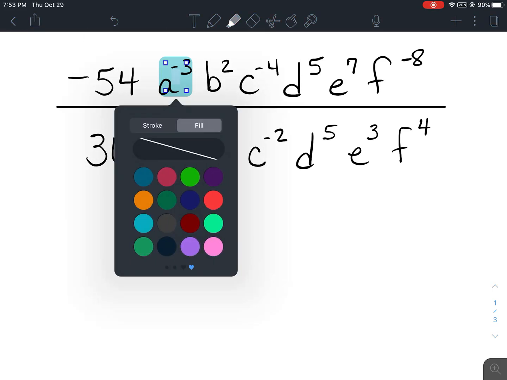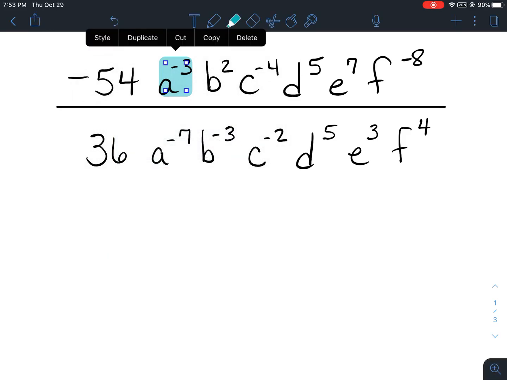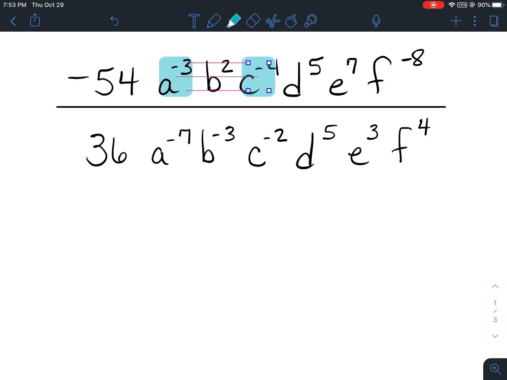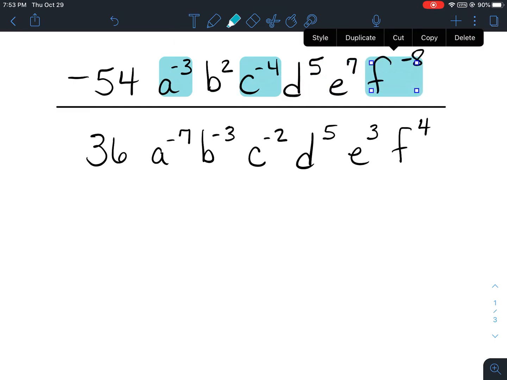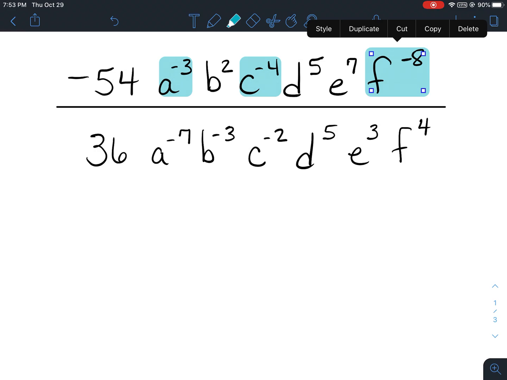This would need to move to the denominator, and the f term here would need to move to the denominator. So you should just be following along with this. You don't need to write this down. If you want to write it down somewhere, that's fine, but just follow along. So that means this needs to move to the denominator, this needs to move to the denominator, and this needs to move to the denominator.